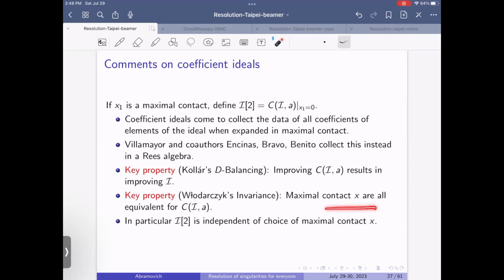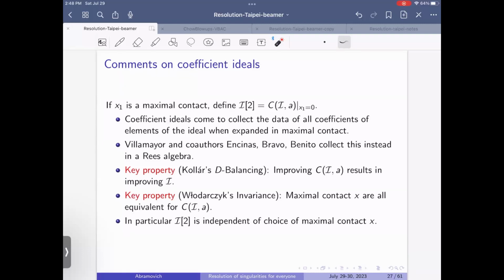It is that when you form this ideal, all the maximal contacts that you choose are equivalent. There's an isomorphism that takes one to the other. In particular, if you restrict the coefficient ideal to x1 equals 0, the resulting ideal is independent of the choice of the maximal contact. So there's some fortunate functoriality that comes by virtue of taking the coefficient ideal.